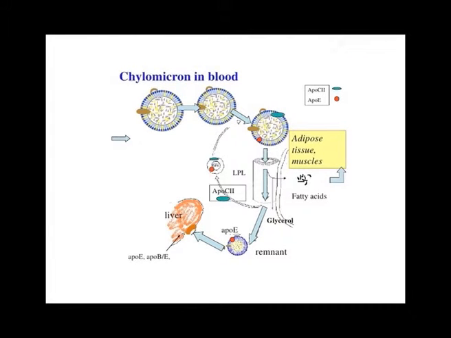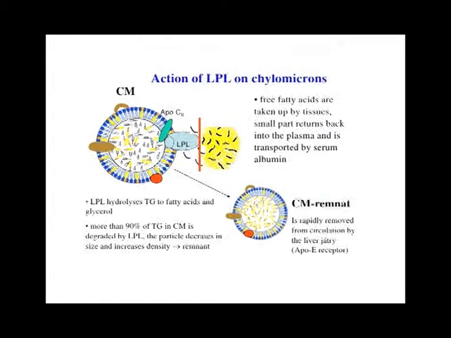In the capillaries of adipose tissues and muscles, the fatty acids of chylomicrons are removed from the triglycerides by the action of lipoprotein lipase, which is found on the surface of the endothelial cells of the capillaries. The ApoC2 in the chylomicrons activates LPL in the presence of phospholipids.